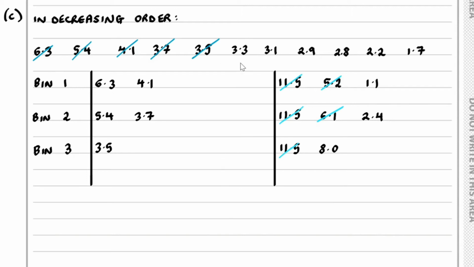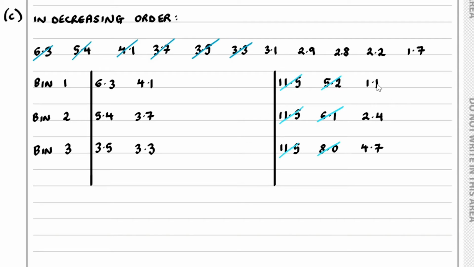Let's take a look at the 3.3. There's not enough space in bin 1, there's not enough space in bin 2, however there is enough space in bin 3. So 3.3 would go here. And the remaining space, 8.0 take away 3.3, that's 4.7. Let's take a look at the 3.1.